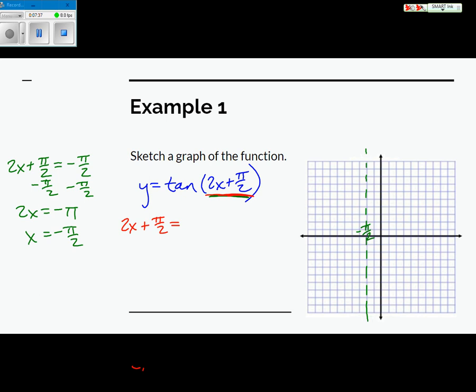So the second one that I boxed in is going to be pi over 2. And again, I'm just going to solve this for x. This math's going to be a little bit easier. Divide by 2, I get x equals 0. So I'm going to have another one right here at x equals 0. I can't really label that, so I guess I'm going to put a 0 there.